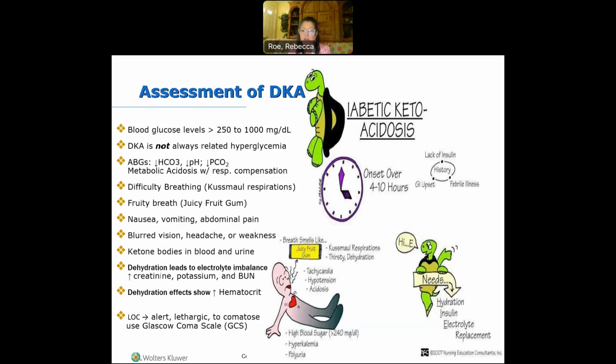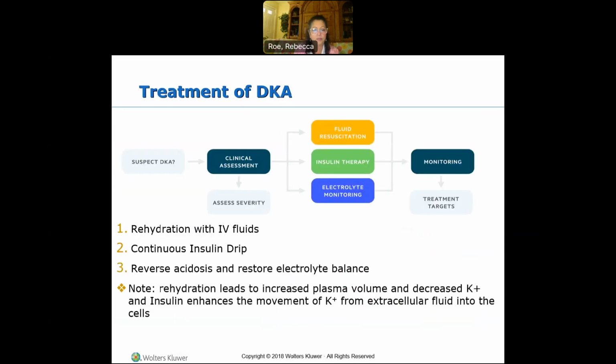The first thing you're going to need is to get them hydrated. You're going to need to look at their electrolytes before you ever give them insulin. The reason why is because if you give insulin before you give the potassium, if they're depleted, you're going to cause catastrophic problems. So let's look at that so I can tell you what to do here. The first thing you're going to do is rehydrate with IV fluids.